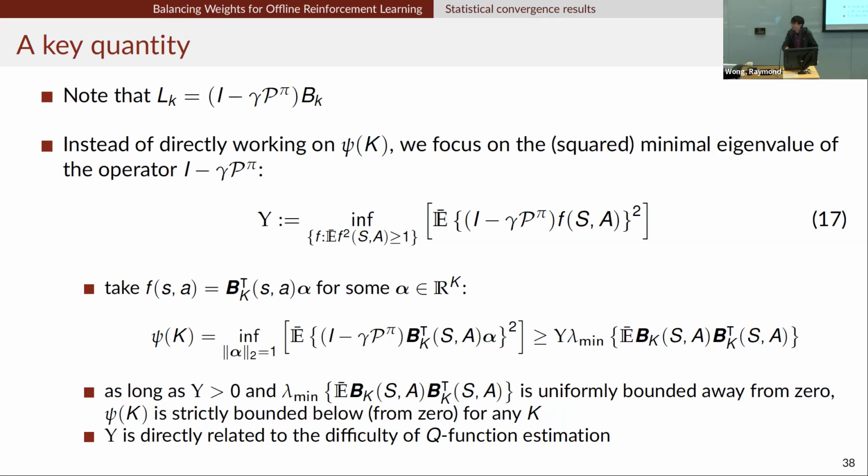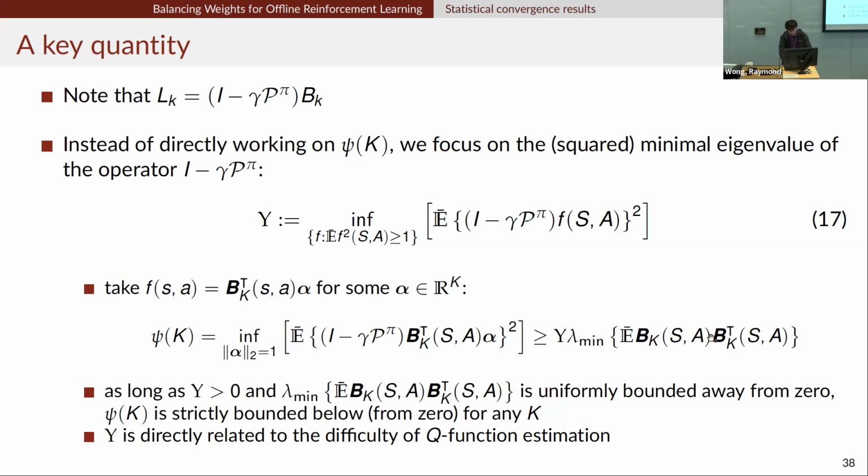So we try to understand this. Epsilon represents the minimum eigenvalue. Of course, if you know epsilon, then you can lower bound psi k by epsilon and also by the minimum eigenvalue for BK. BK is something that you choose.